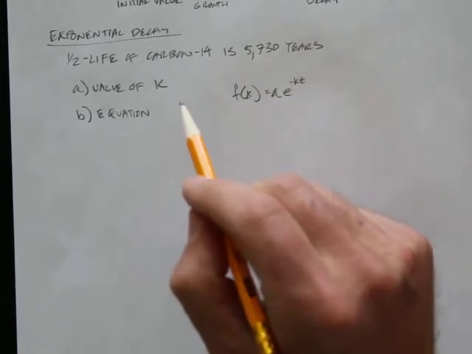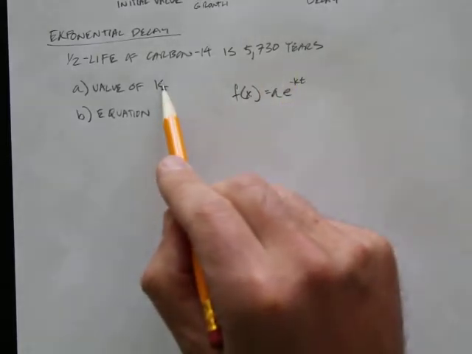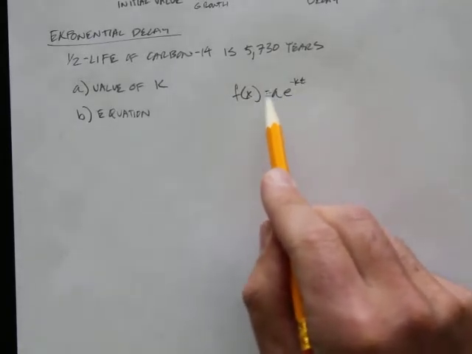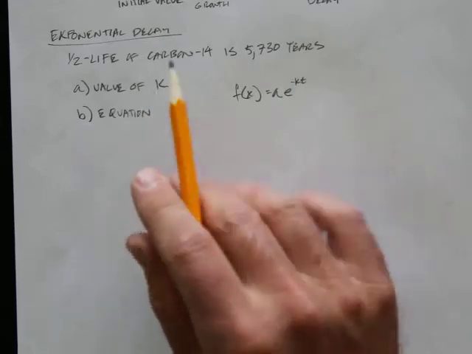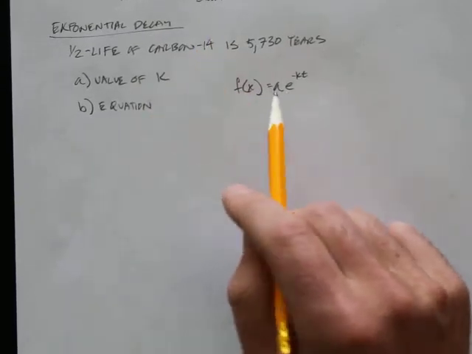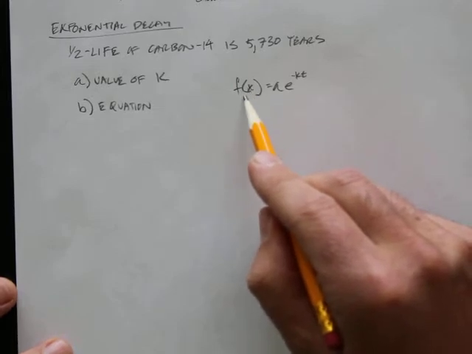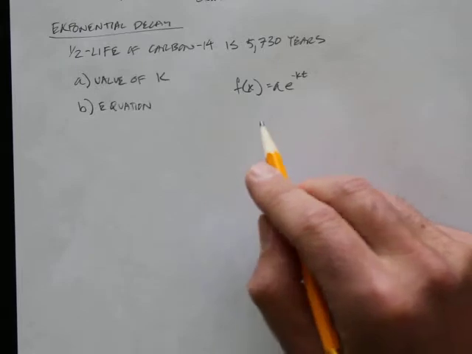And so now we need to figure out what is the value of k. Once we find the value of k, then we have pretty much everything we need for this equation. So let's find the value of k first. Here is our function, and let's go ahead and plug in some information here.